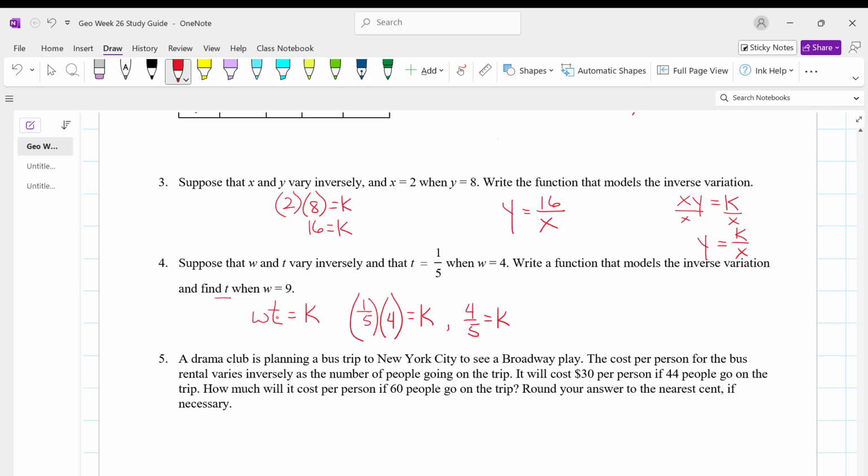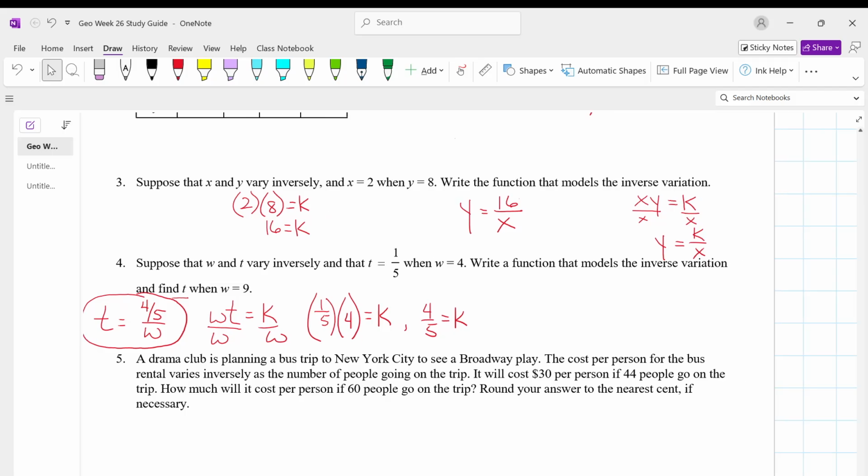Since our function needs to be T equals, if we divide each side by W, then T is going to equal our constant, which is 4/5, over W. Now, when you're writing a function in this format, having a fraction in the numerator is not allowed in math.